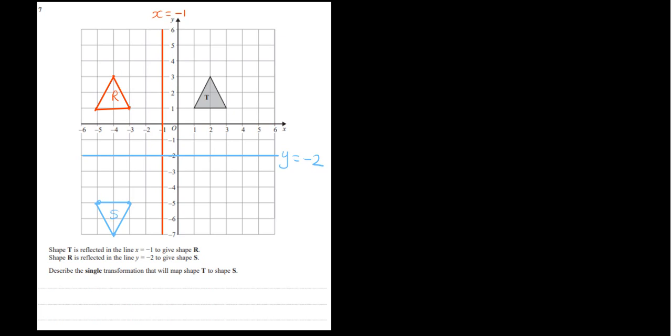Okay, describe the single transformation that will map shape T to shape S. I do not have tracing paper on here. If I had tracing paper, I would be able to demonstrate how to do this. Let's have a look. Do we have any tracing paper?